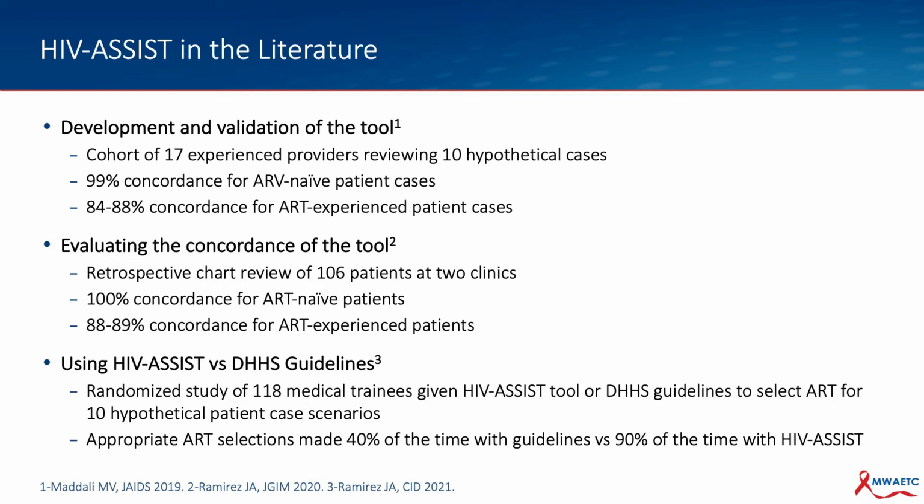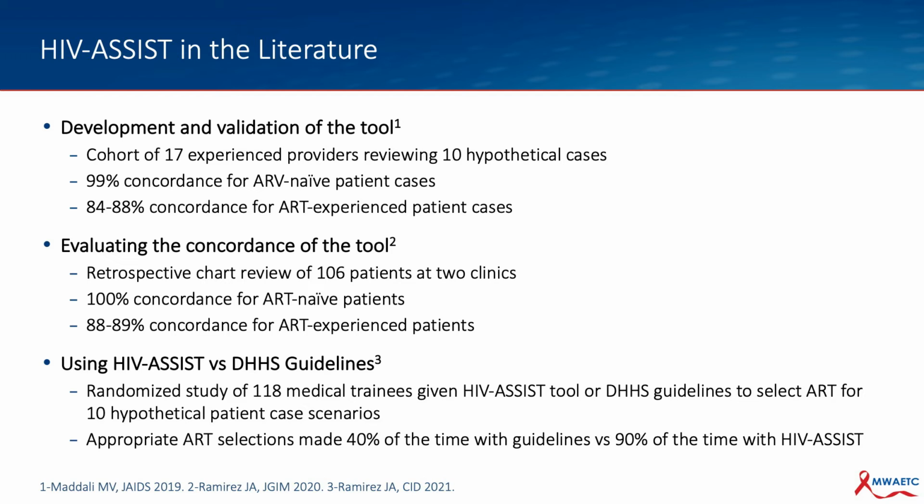When they compared that to HIV-ASSIST, there was 99% concordance for ARV-naive patient cases. How did they define concordance? If the provider picked anything that was in the top 5 suggested regimens from HIV-ASSIST, that was concordance. And then they found that there was 84 to 88% concordance for ART-experienced patient cases.